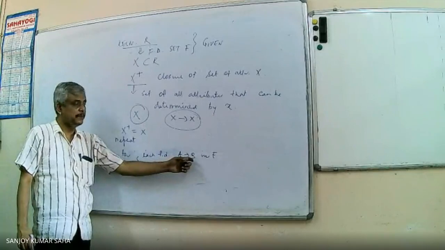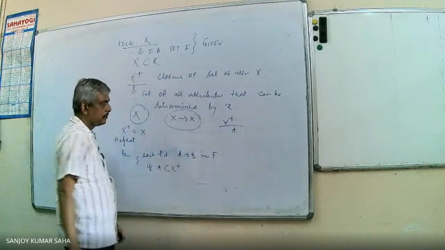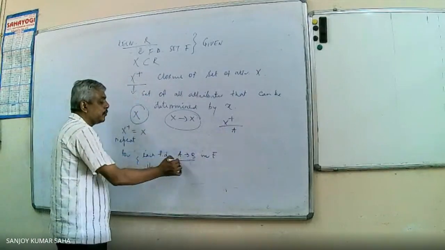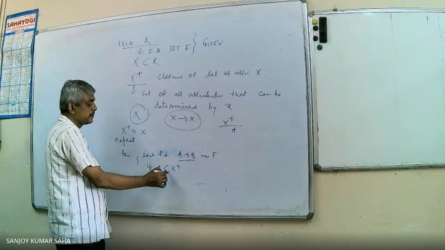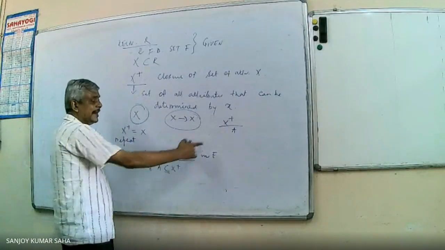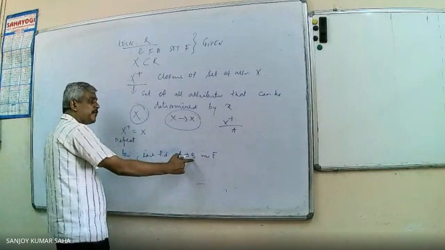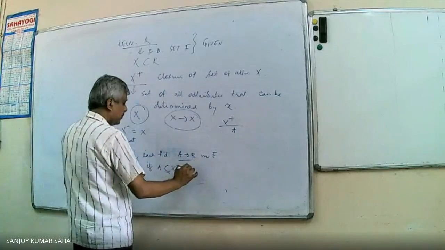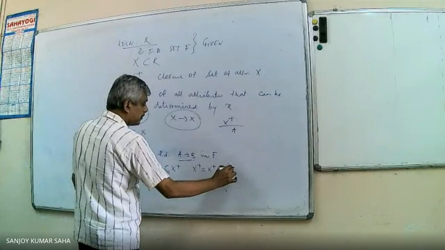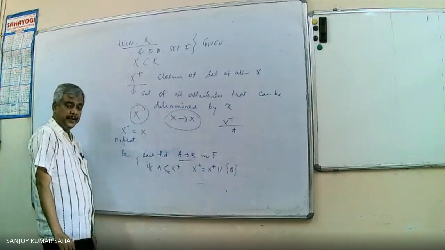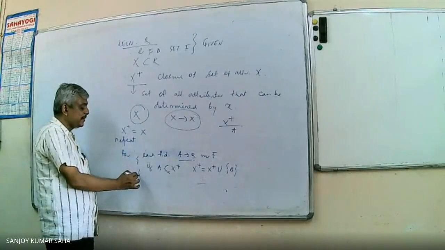As A determines B, and X plus has A, so if there is a rule A implies B and A is a subset of X plus, then B can be inferred from X plus. If so, then X plus equals X plus union B. B can be inferred, so that will be part of this.